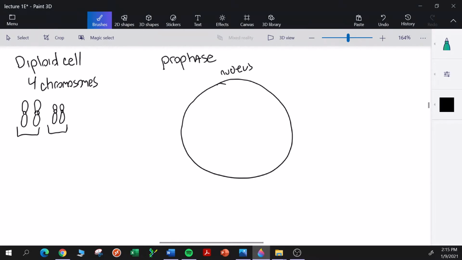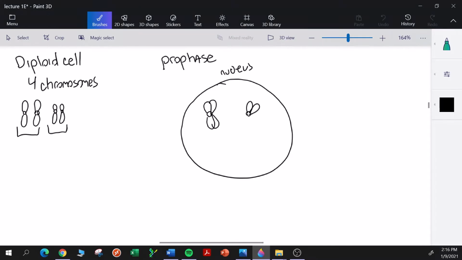The DNA is going to condense, and we're going to be able to see the chromosomes. If we were to stain that cell that is in mitotic prophase, we could see the chromosomes appearing because they're condensing, and we can stain them and see them under a microscope because we can't really see them when they're not condensed.